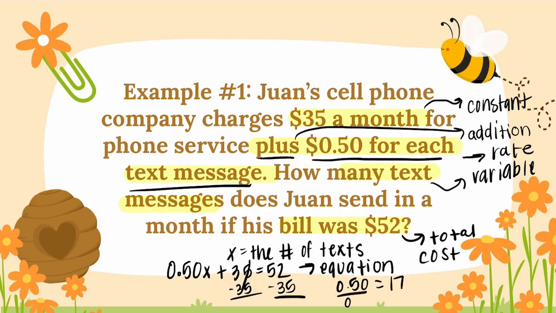And then we will divide by 0.5 on both sides. And that's going to be 34. And so we can say that Juan sent 34 text messages.